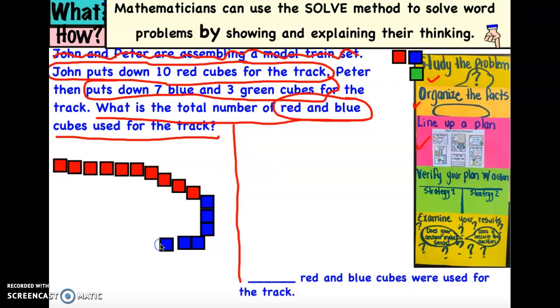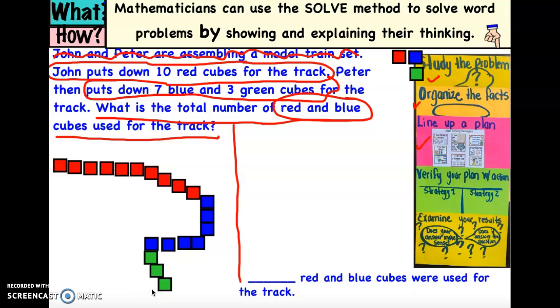How many blue do I need? I need 7. And then it says that he puts 3 green cubes for the track. So I need 3 green ones. 1, 2, 3. So my track looks like this.